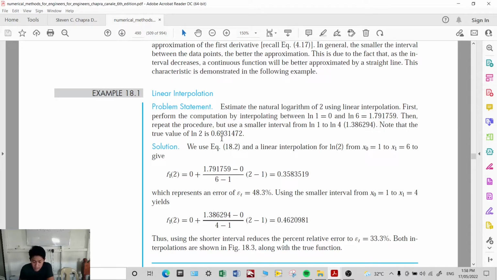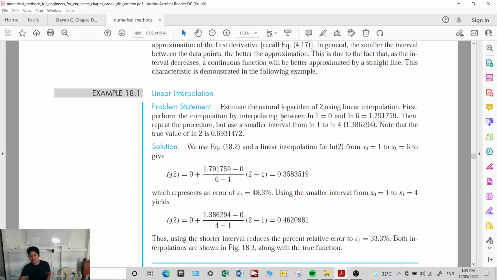Then, repeat the procedure but use a smaller interval from ln1 to ln4. Note that the true value of ln2 is 0.6931472. Okay, first, what is asked in the problem is to determine the value of ln of 2.